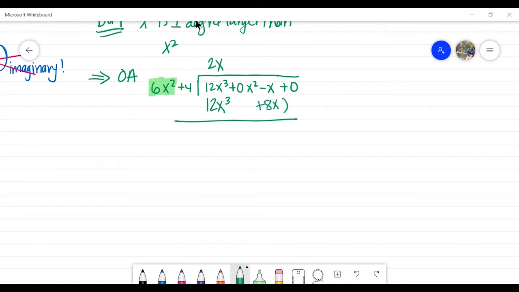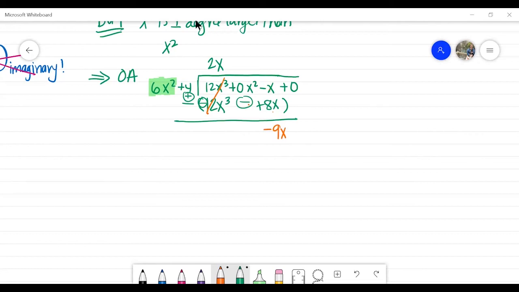So remember, you subtract, which means you change everyone's signs. Okay, so that these cancel out. We're left with nothing there. And then this becomes x minus 8x, and this gives you a negative 9x, right?